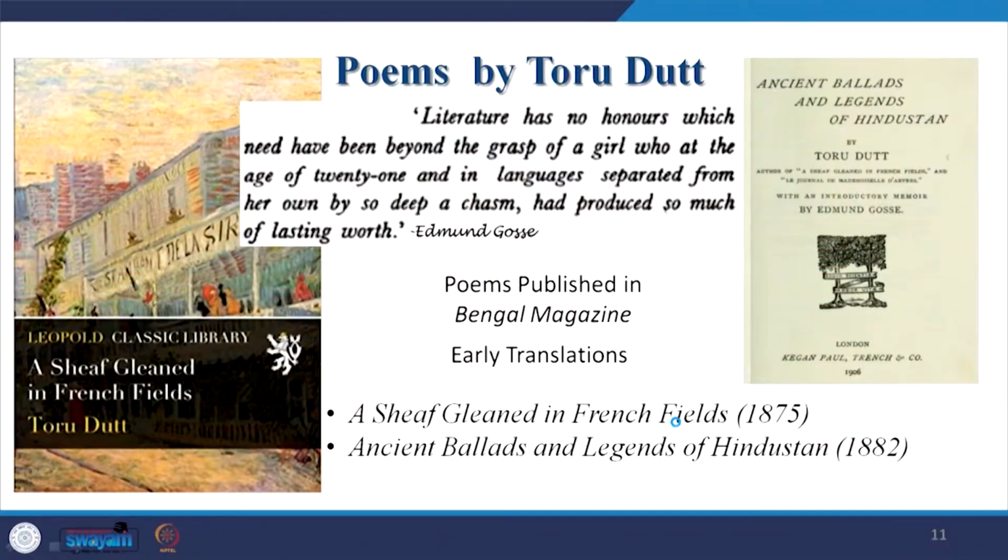Now, when Toru wrote the first book, A Sheaf Gleaned in French Fields, it had a very good effect even upon many English writers. Edmund Gosse, one of the great admirers of Toru's writings, writes, "Literature has no owners which need have been beyond the grasp of a girl who at the age of 21, in languages separated from her own by so deep a chasm, had produced so much of lasting worth."